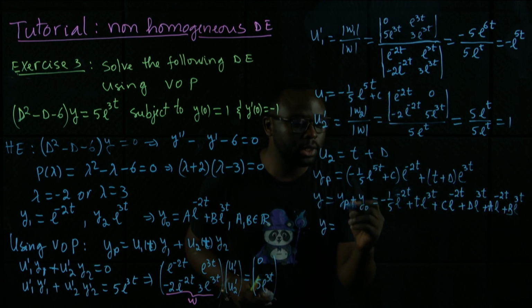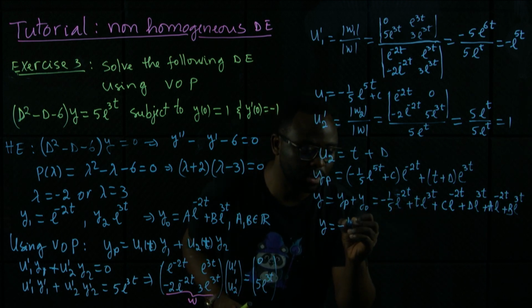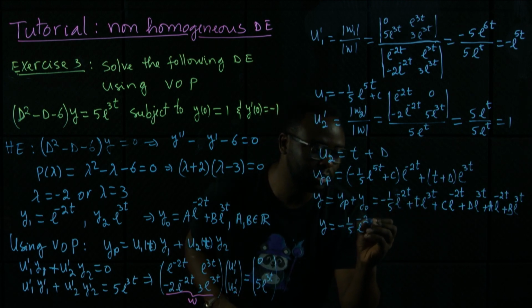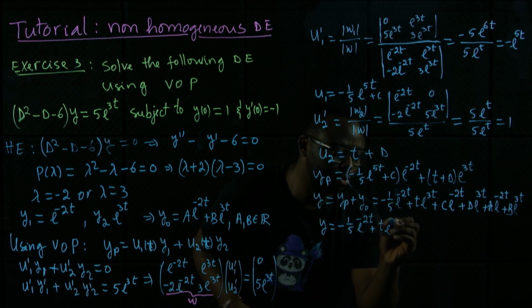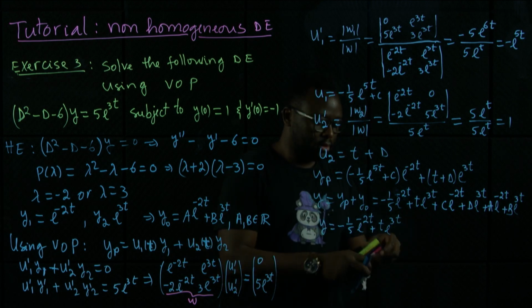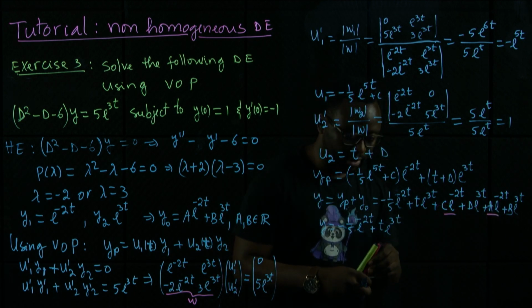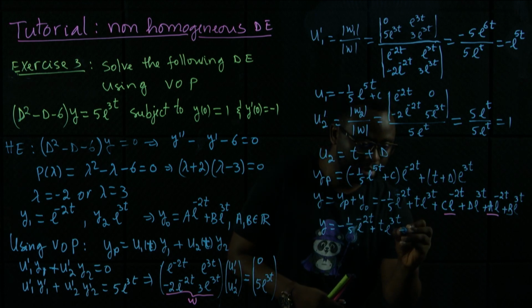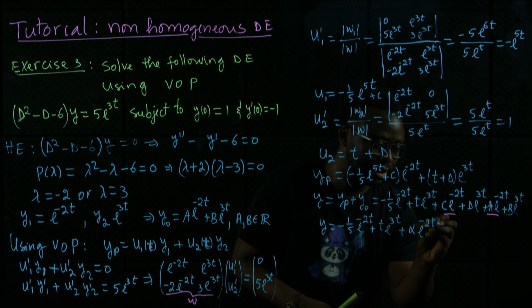The general solution can be reduced as follows. Let's first write the first two terms. This is 1 over 5 times e to the power minus 2t. The second term is t times e to the power 3t. And you can see here that a and c can be factorized, and we have alpha times e to the power minus 2t.